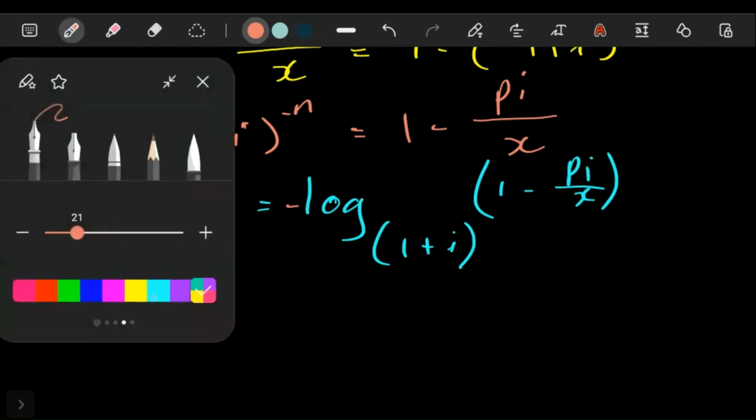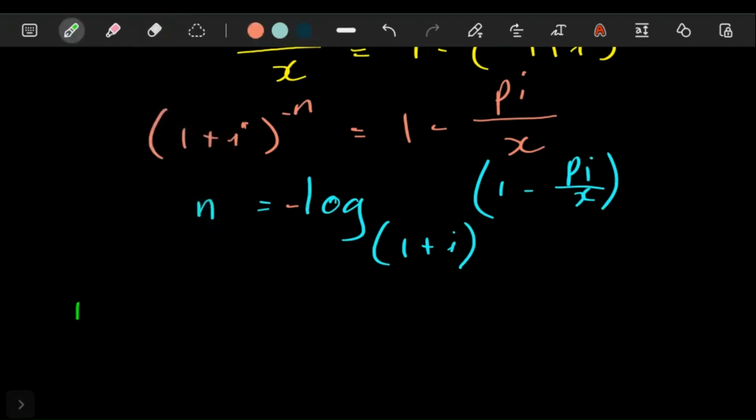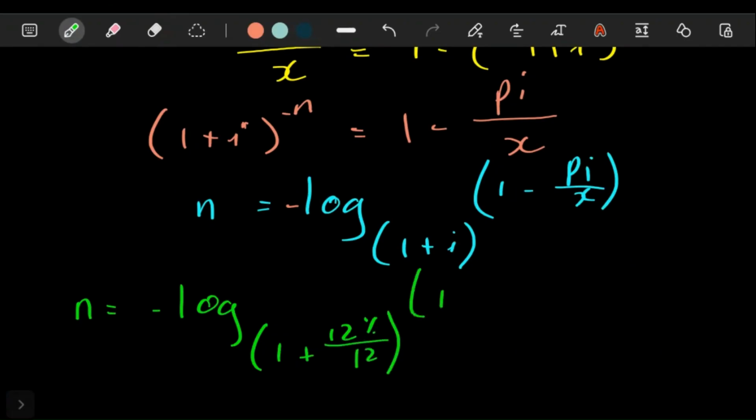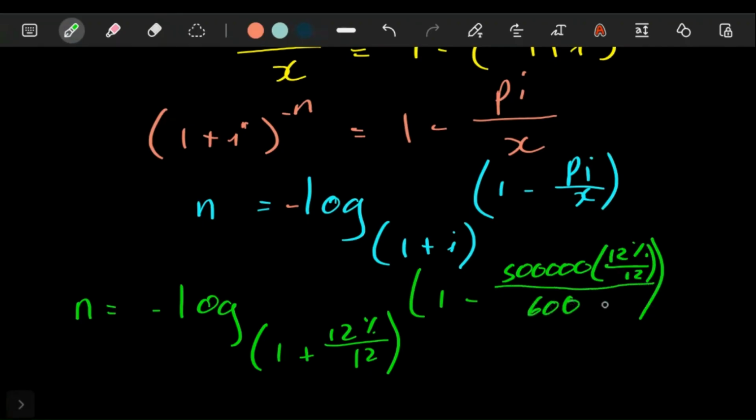So that being said, now let's put values into our expression. Negative log, 1 plus 12% over 12, of 1 minus 500,000 times 12% over 12, over x, which is 6,000.